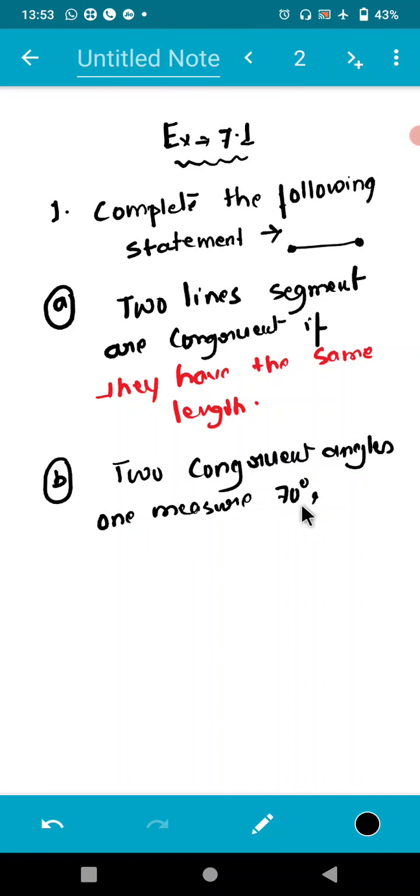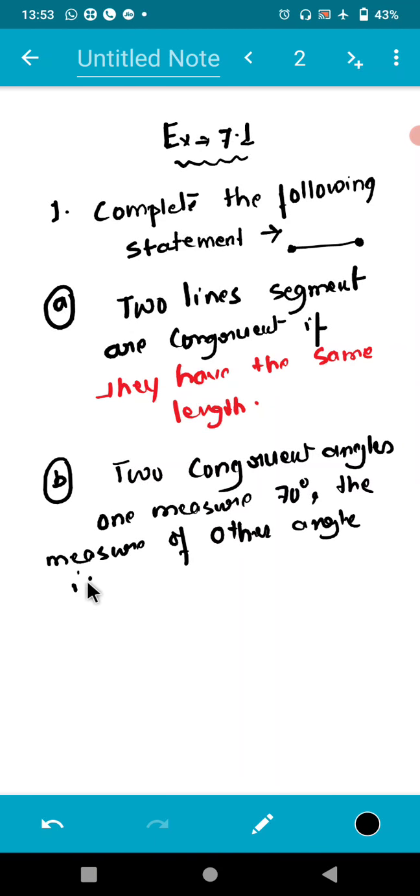So if one angle measures 70 degrees, they have asked the value of the other angle. The measure of the other angle is obviously 70 degrees only. So this is the answer of the second one.